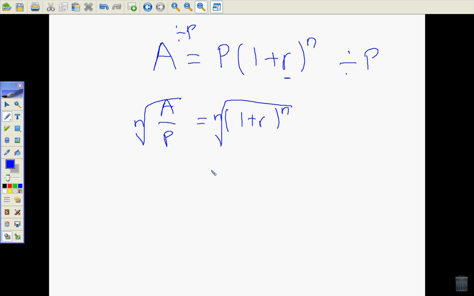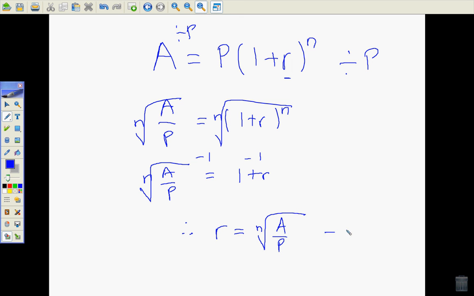That's going to leave me 1 plus r, because they basically cancel each other out, and I get the nth root of A over P. Starting to look a little bit messy, but this is what we need to do to get r by itself. The last step is to subtract 1 off both sides. So we can write r equal to the nth root of A over P, minus 1. So we get r by itself.